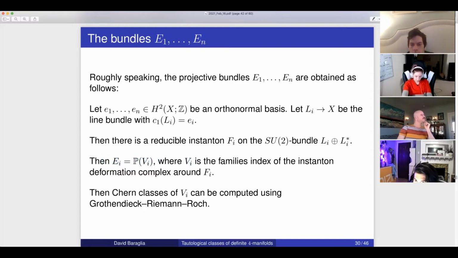Because V_I is basically this family's index, in principle you could compute its Chern classes using Grothendieck-Riemann-Roch. Once you've got the Chern classes, you could plug that into the formula for the tautological classes, and that would give you a formula for the tautological classes of E.